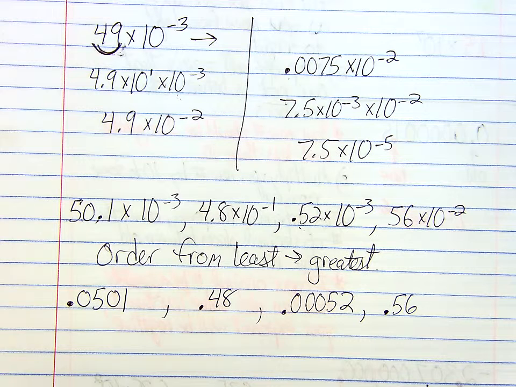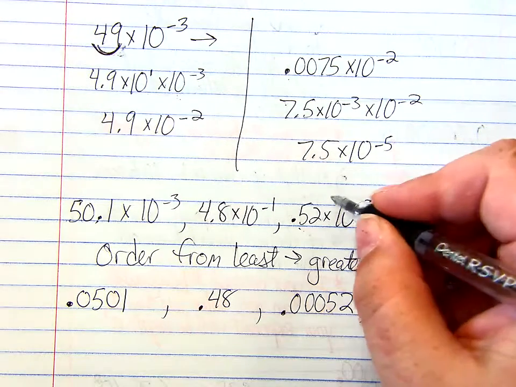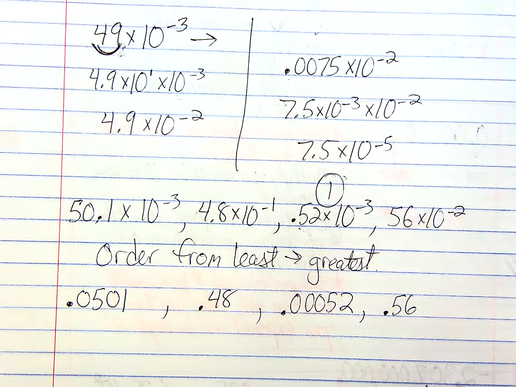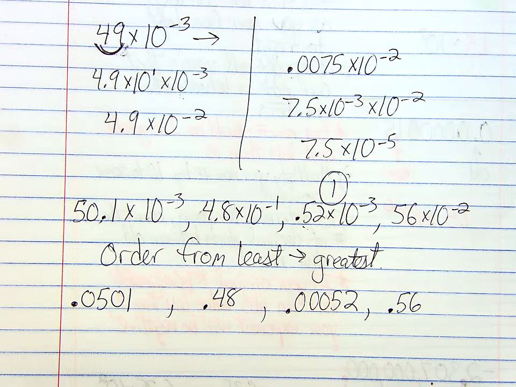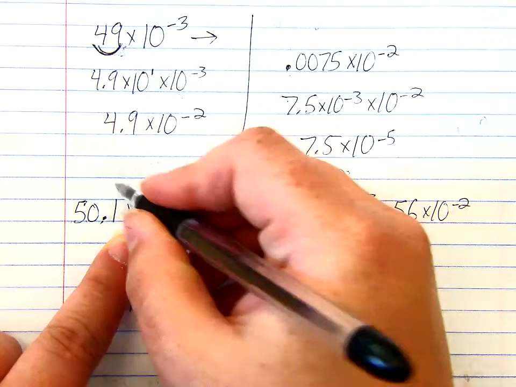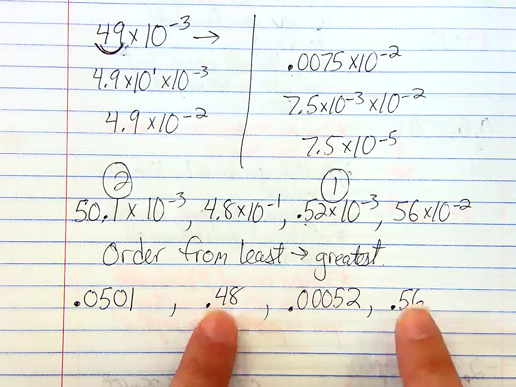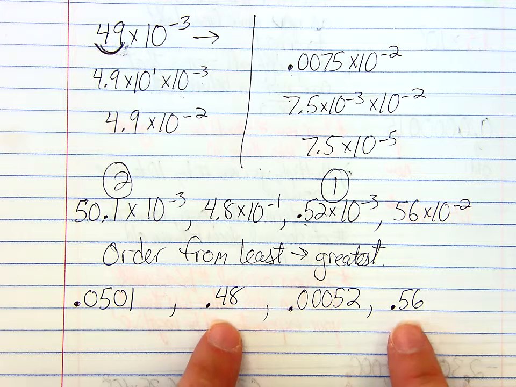So which one has to be the smallest in this whole set? Yeah, this one. So this one would be our smallest number. What's the next smallest? Yeah, this one. So there's second. And then out of these two, I want least to greatest. So who's smaller out of 0.48, 0.56?